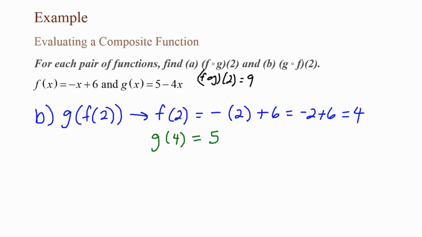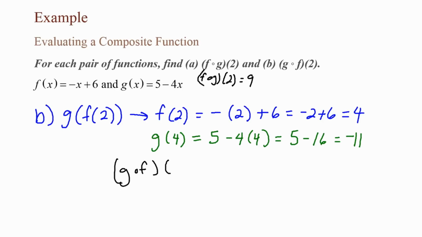So that becomes 5 minus 4 times 4. So that's 5 minus 16, and 5 minus 16 is negative 11. So that means g of f of 2 equals negative 11.